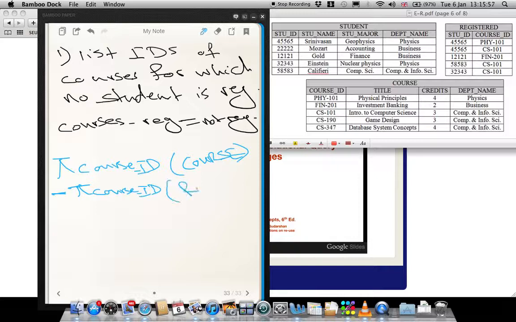This will give you the courses where no student is registered. It's as simple as that.